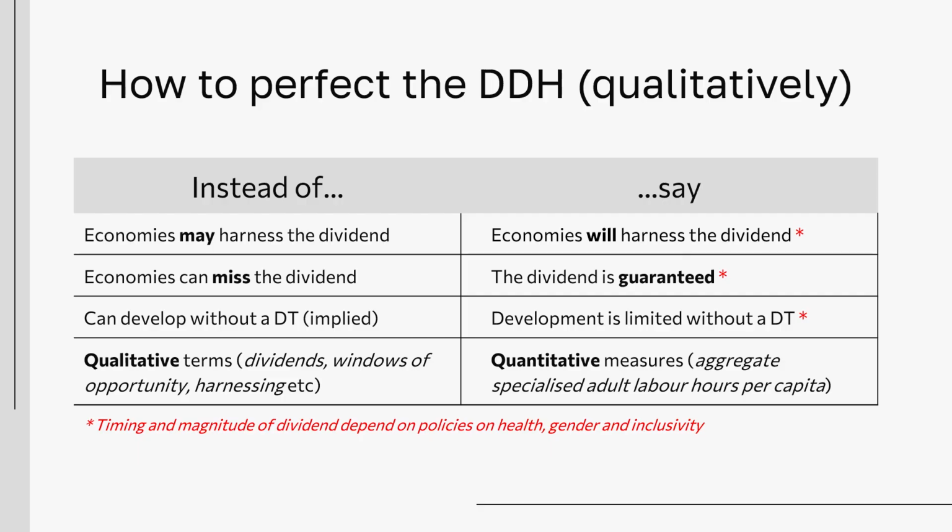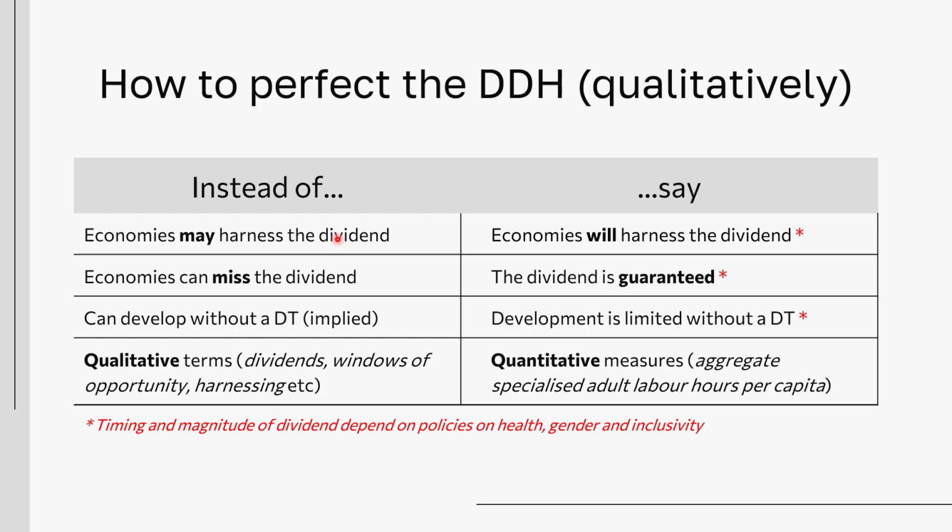At a more qualitative level, the following adjustments would also be highly recommended. Instead of the nomenclature of the dividend hypothesis, nations may harness the dividend, you want to say nations will harness the dividend. Again, basic human physiology: the more adults per capita, ceteris paribus, we should expect an upliftment in economic productivity.